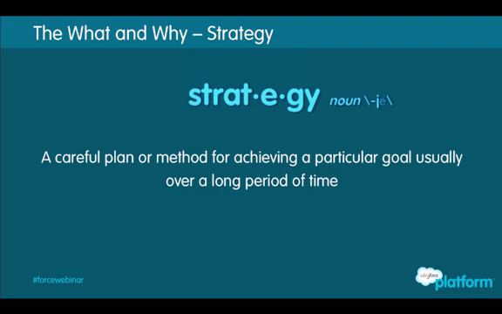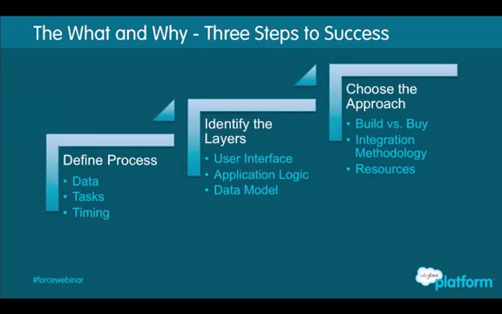And we like to look at this in 3 different steps. I just wanted to quickly talk about the 3 steps, the way we like to approach this. First is really you want to define the process, right? By that, what you mean is, for a particular process, what is the data you need, right? What are the tasks that need to be carried out and the timeliness of them, right? Do you need to, for example, send some information from Salesforce at the very moment it gets saved?